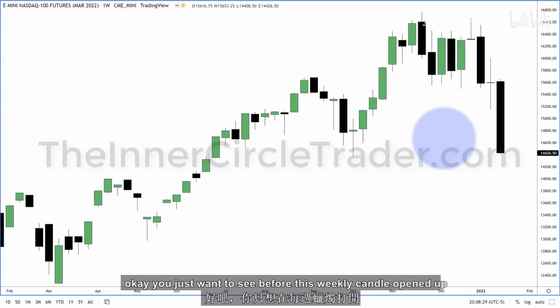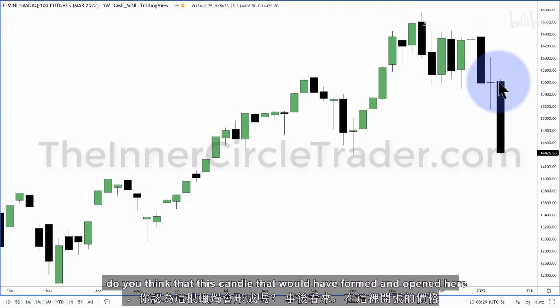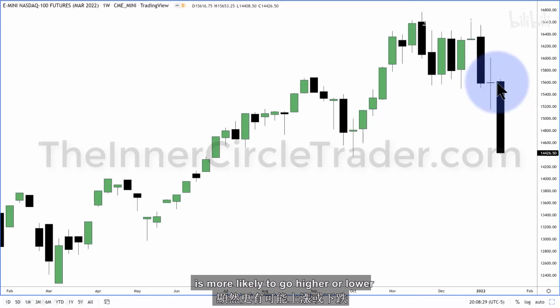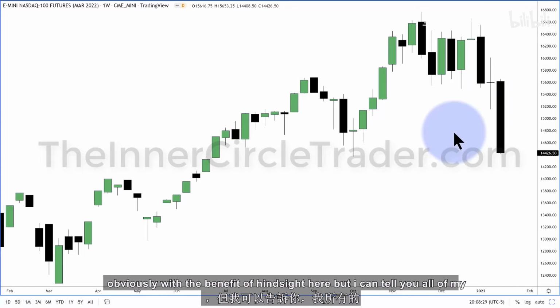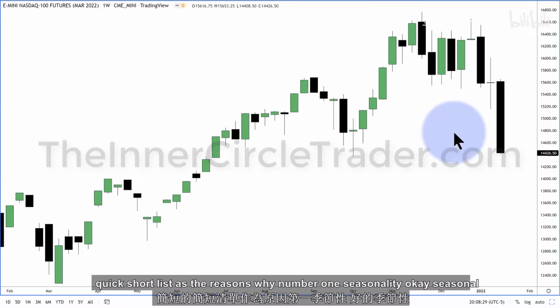That's important, okay? You just want to see, before this weekly candle opened up, all we had was this indecisive candle, okay? Do you think that this candle that would have formed and opened here is more likely to go higher or lower? Obviously, with the benefit of hindsight here, but I can tell you, all of my students know we've been looking for lower prices, and I'll just give you a quick short list of the reasons why.